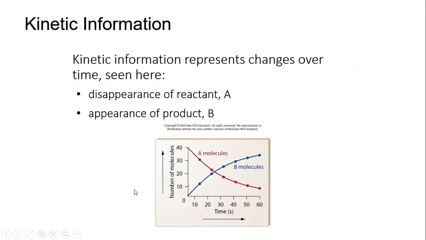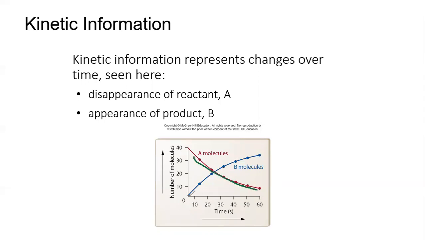Now with kinetics, what we do is we monitor either the disappearance of a reactant over time or the appearance of a product over time. So in this lab that we'll be doing for this session, we'll be looking at the appearance of a product. And the appearance of the product is the blue iodine starch complex that forms that signifies the end of the reaction. And so again, over time, if we were to monitor the reactant, the reactant decreases because it's being consumed.